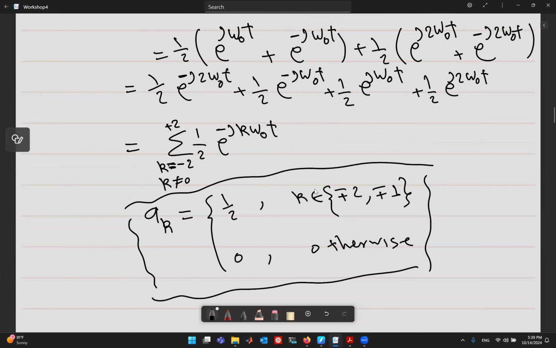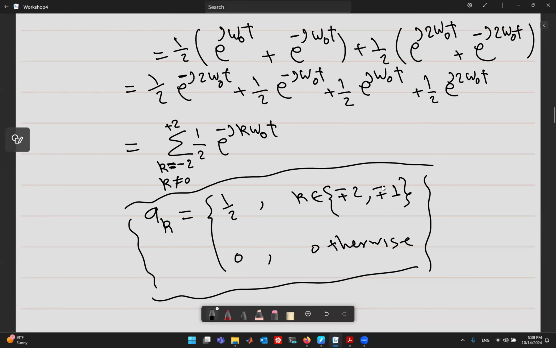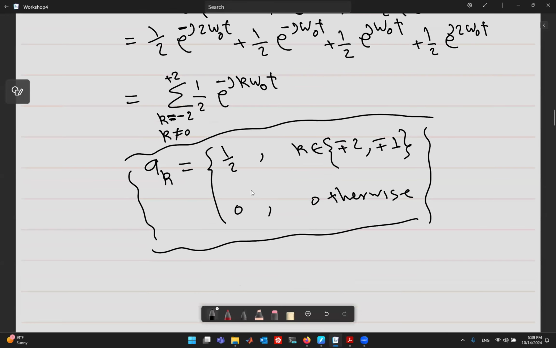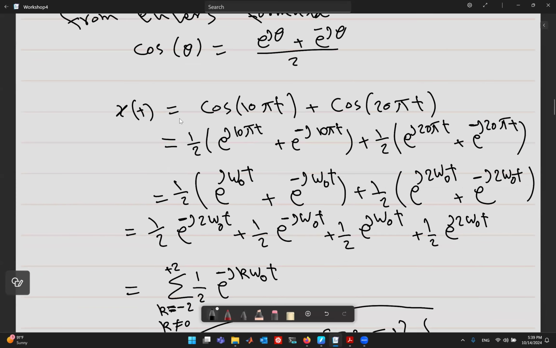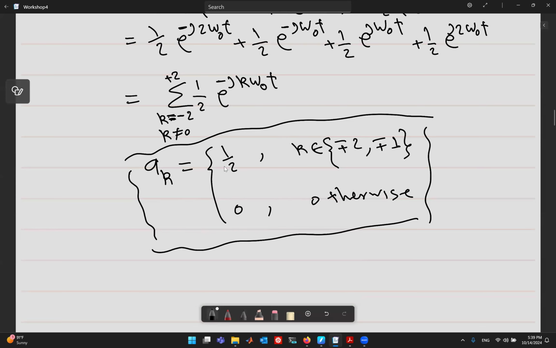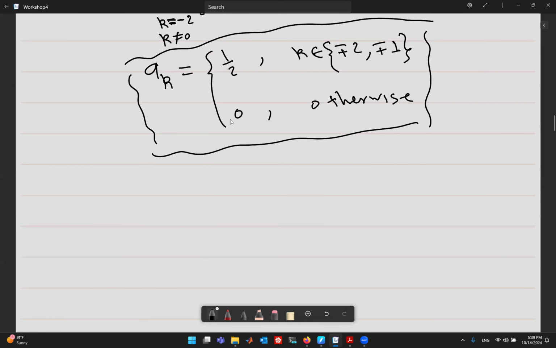We have only 4 terms, ±2, ±1, and then 0 otherwise. So the Fourier series coefficients for x(t) equals cosine 10 pi t plus cosine 20 pi t are purely real numbers. There's no imaginary part, so the phase of this is 0. It's pure real.